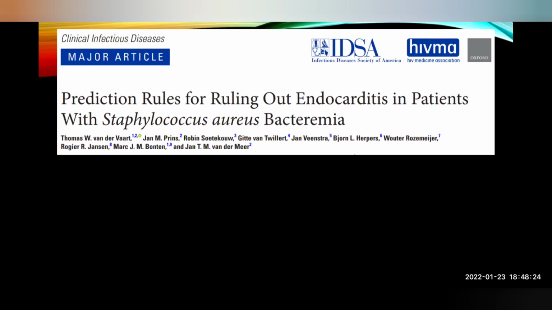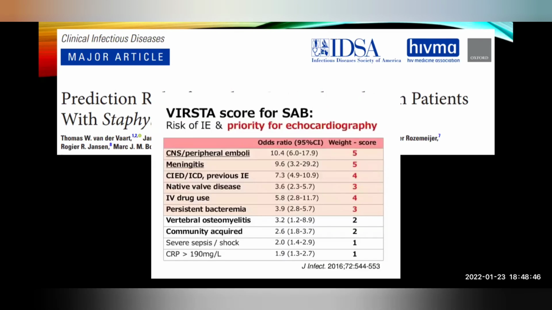So which of these patients of Staphylococcus aureus bacteremia should undergo TEE? They have devised various prediction rules or scoring systems which are used for ruling out endocarditis in patients having Staphylococcus aureus bacteremia.